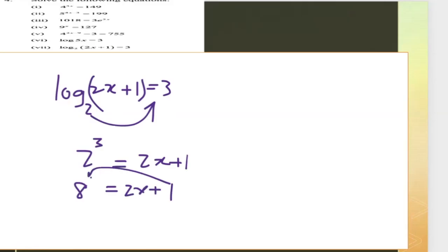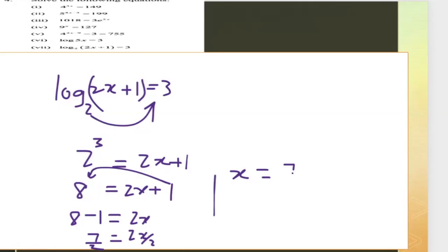Then I care about the 1, so I have 8 minus 1 equals 2x. So that's 7 equals 2x, and we divide by 2 on both sides. So that means x is equal to 7 over 2.